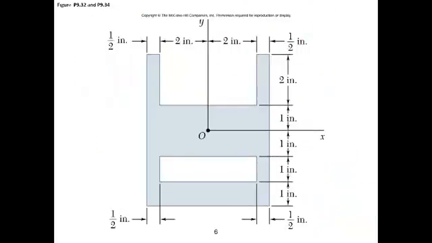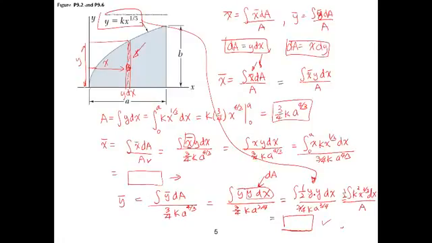Now for your homework, let's first talk about this particular problem. Let's say I have this funny looking shape and I'm interested in finding where its centroid is. Now how do I want to do that? Remember in the prior example, what we're doing is integration, right?